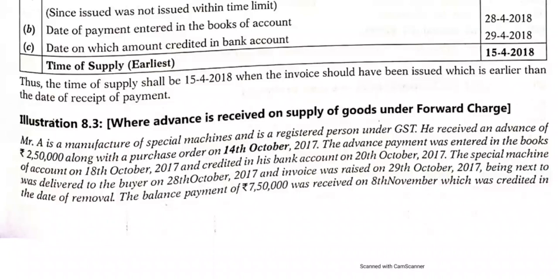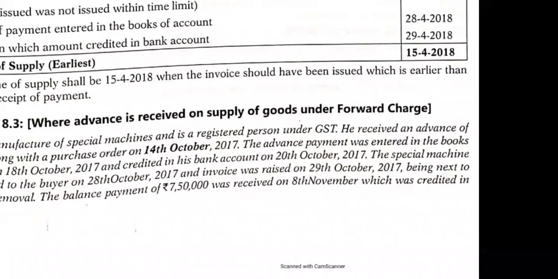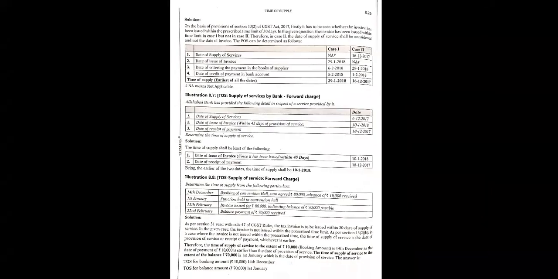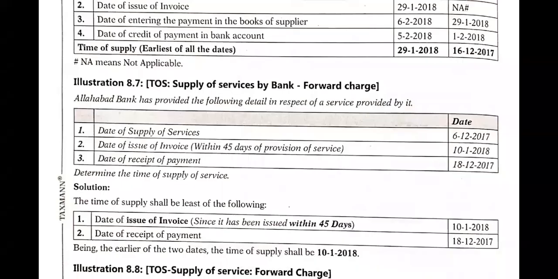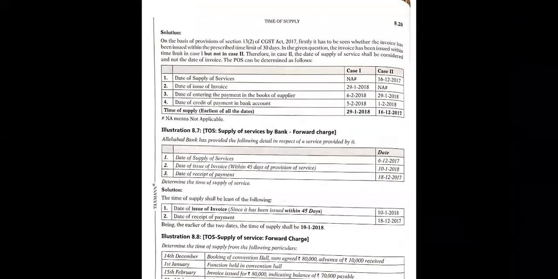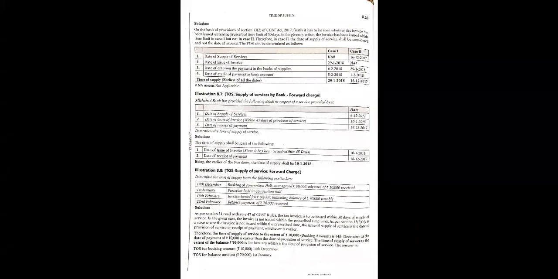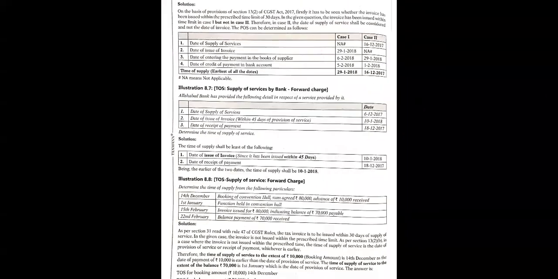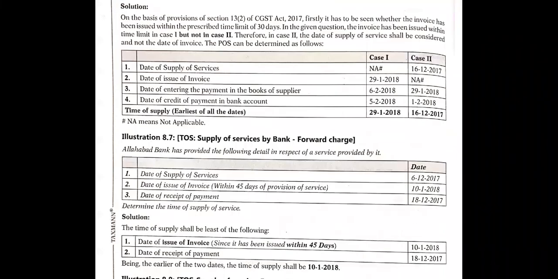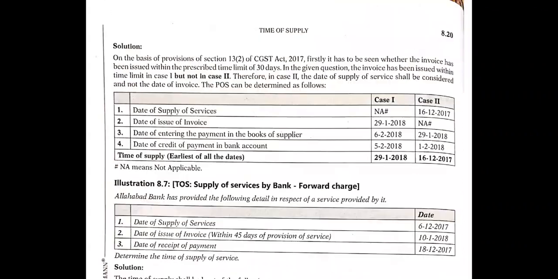The balance payment of 7,50,000 was received on 8th of November, which was credited in. Now on this basis, if you check the date of supply of services, that is not applicable, right?